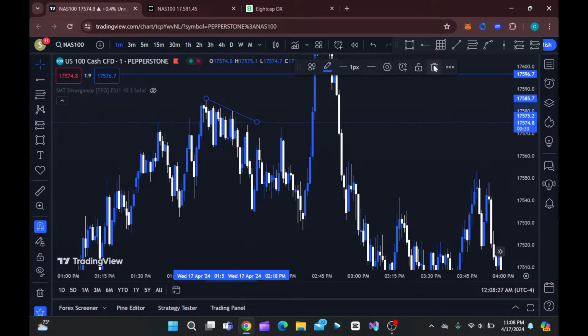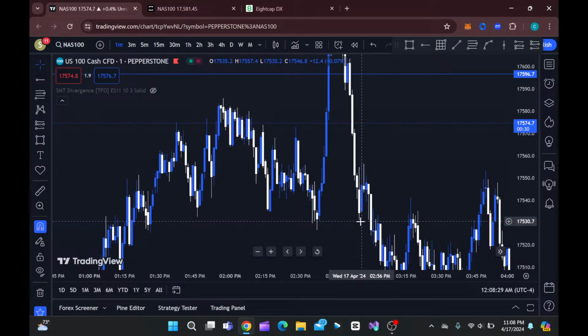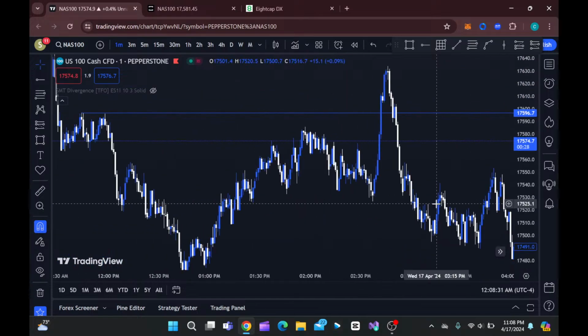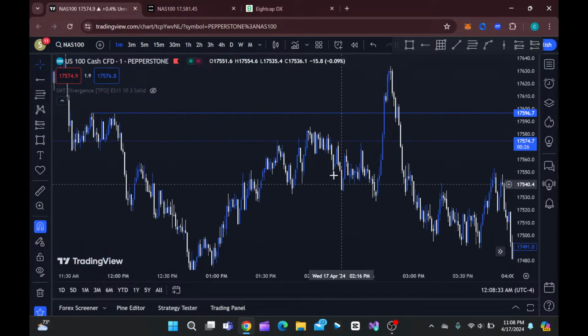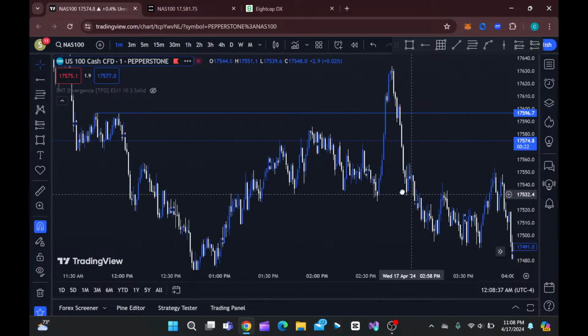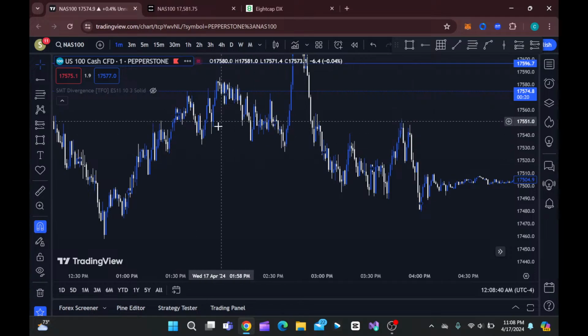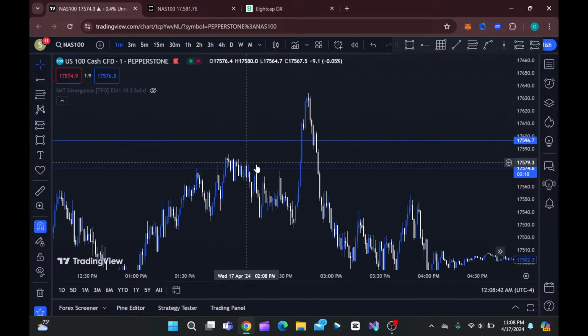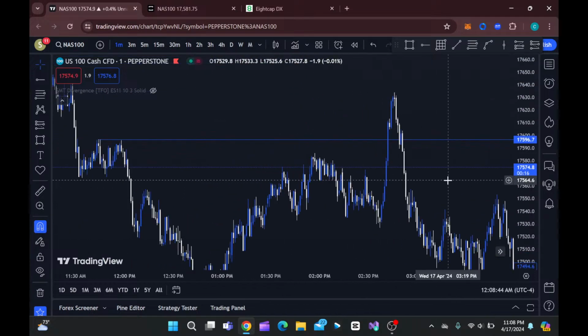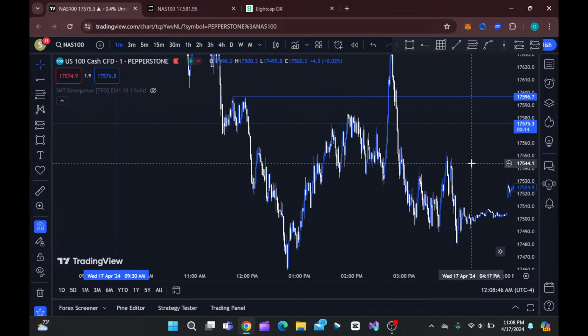Would I have taken it? I don't know. Maybe. Possibly not, just because of this price action. It just looks really weird. I just don't really like the way it's moving right here. But yeah, other than that, that's pretty much it.